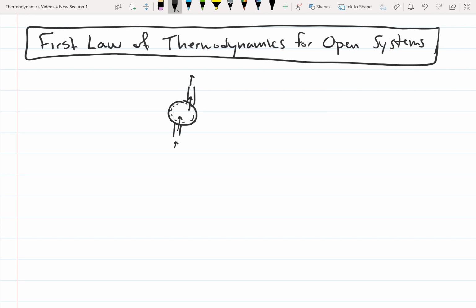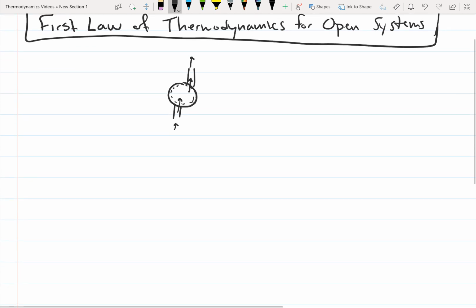And if we have compressors or heat exchangers or power plants, we need to calculate how much heat we need to remove or put into a system, how much work we might get out. So basically we need a way to calculate relationships between the different thermodynamic properties in open systems. And so that's why we're going to want to apply the first law, or basically an energy balance, to open systems so that we can calculate those things.